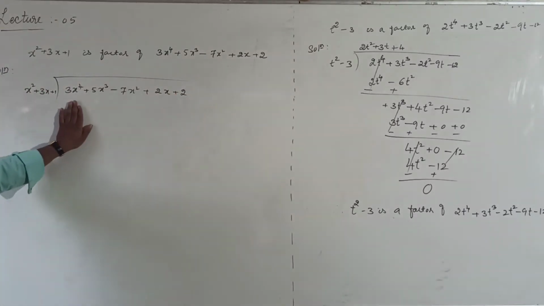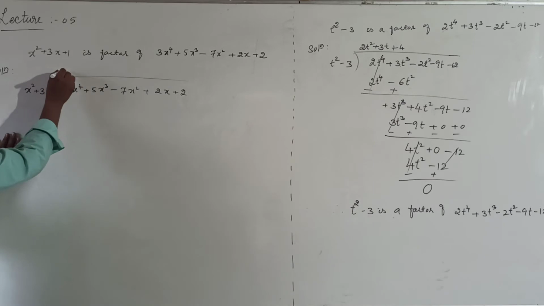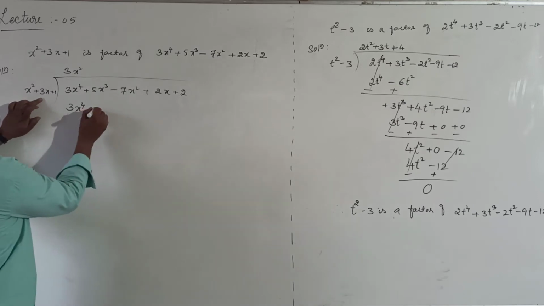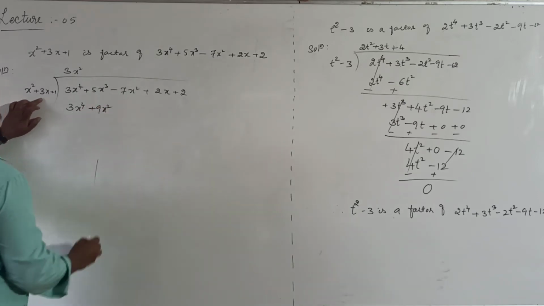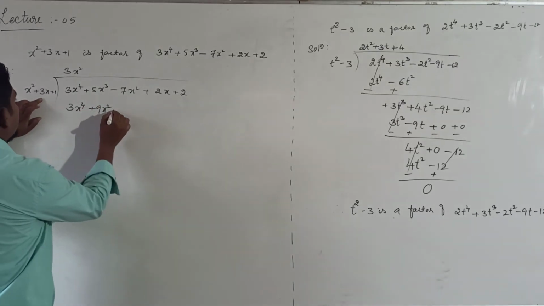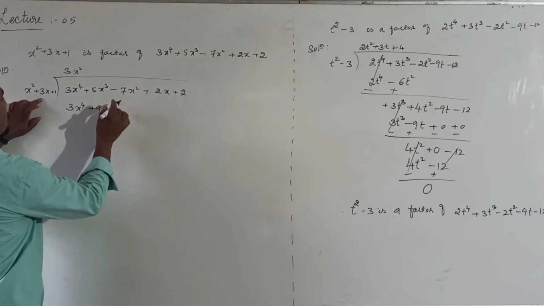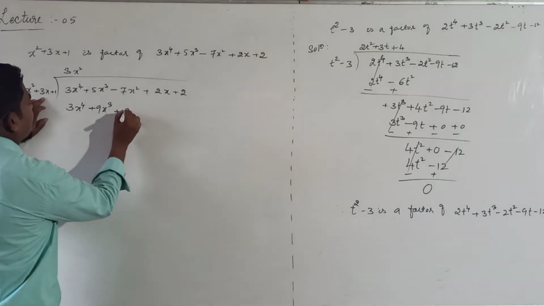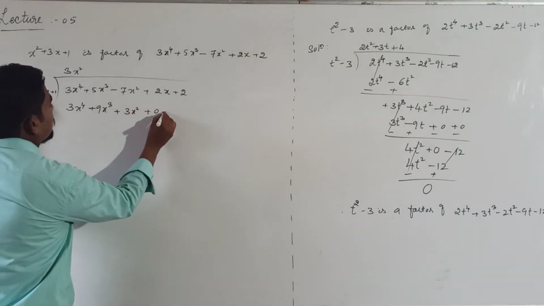For getting 3x power 4, we need to multiply by 3x square. Then we get 3x power 4 plus 9x cube plus 3x square, and the remaining terms are 0.